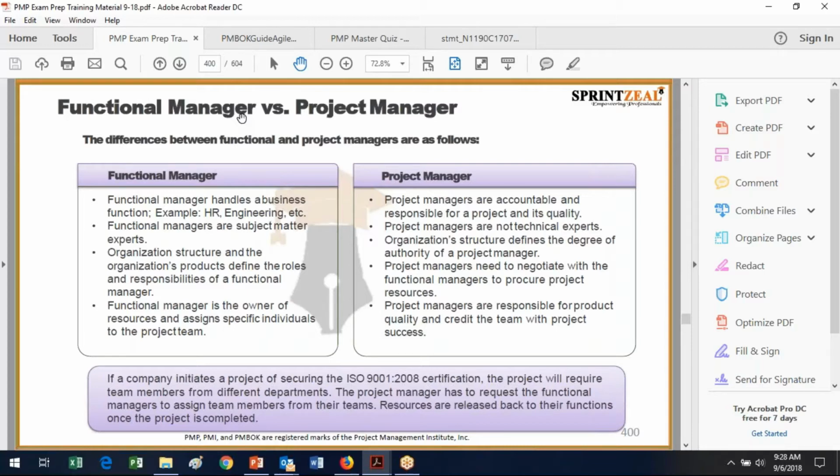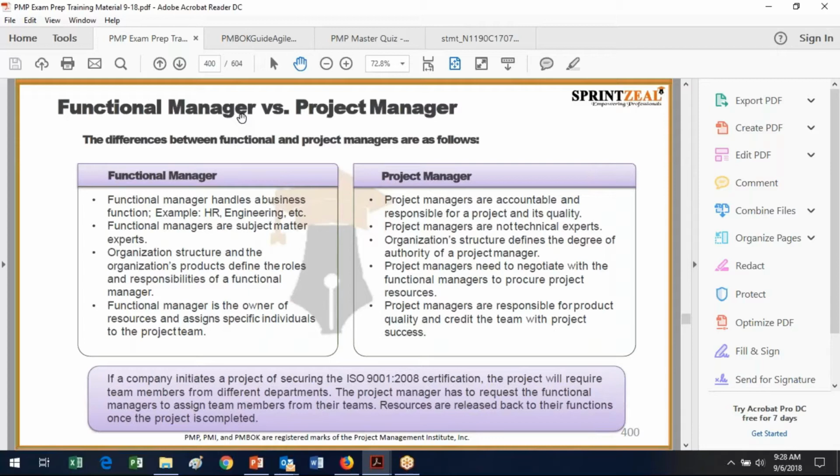And the matrixed organizations travel along the spectrum from what PMI would consider weak, where the functional manager is still pretty much in charge, to a strong matrix where the project manager has a lot more control of the staff and the budget and the other resources. So that's basically how we assess weak, balanced, and strong matrices.